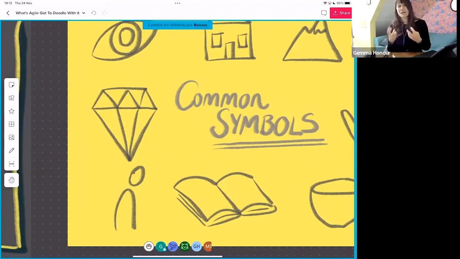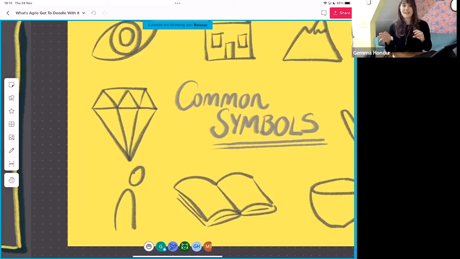Having around 40 of these symbols in your visual library and pairing those with words, you're able to build up what we call a visual library, but think of it as a vocabulary, a number of words that you can use visually. Once you've got those symbols down, you can use them over and over again, and the more you practice them, the better you get.